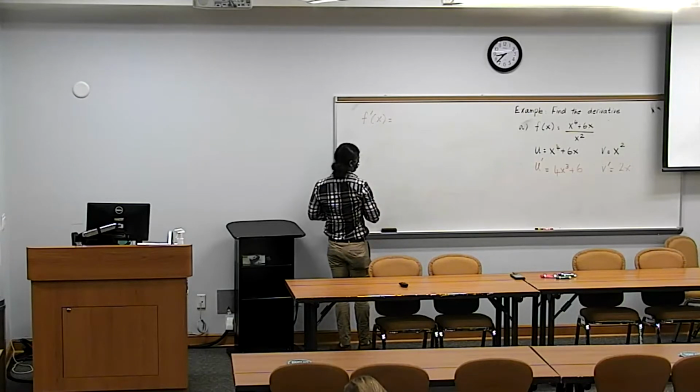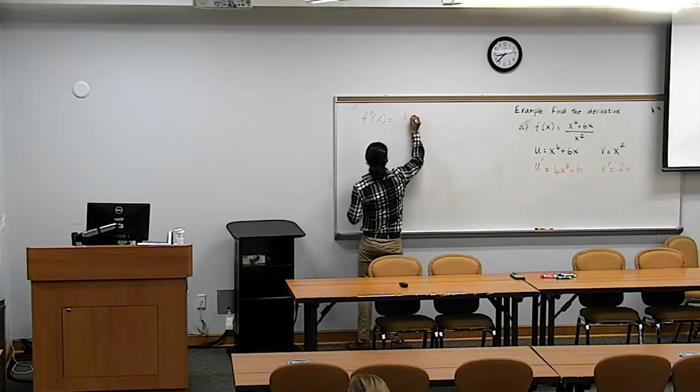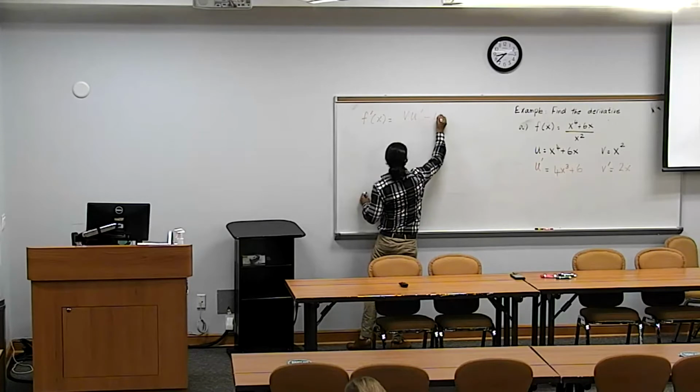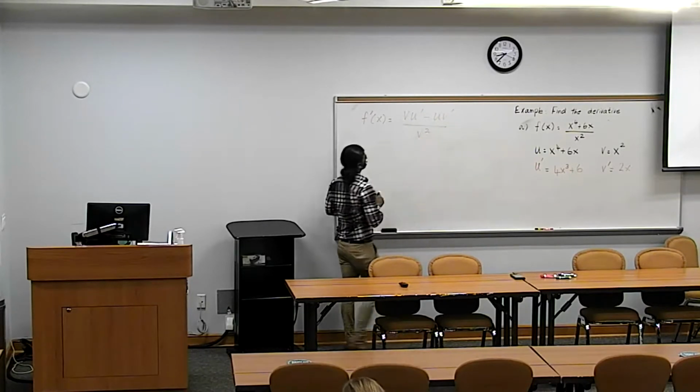So f prime of x would simply be v u prime minus u v prime divided by v squared.